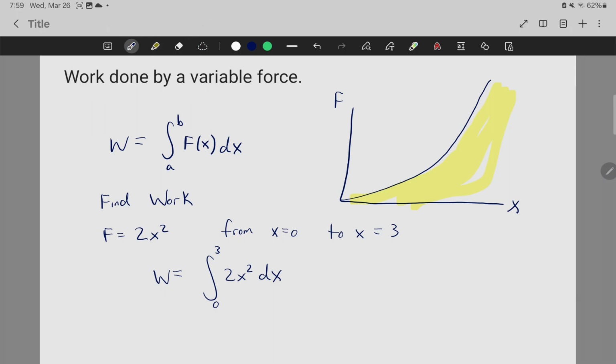To find the integral of this equation, 2x squared would become 2 over 3 x cubed, and then we'd evaluate it from 0 to 3. That would equal 2 over 3 times 3 cubed minus 0, because if you plug in 0 for x, that whole quantity would be 0.